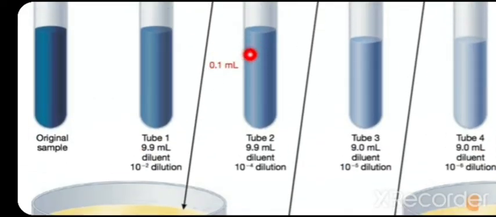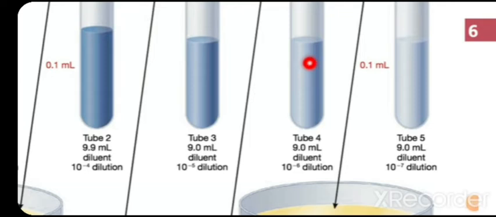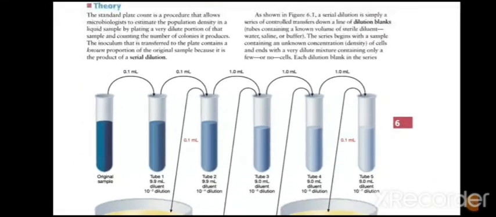Then 0.1 ml from each dilution will be transferred onto a sterile SPC agar plate. So 0.1 ml from this, 0.1 ml from this on another plate, and 0.1 ml from another on another plate. Likewise, we transfer 0.1 ml of sample from various dilutions onto SPC agar plates.